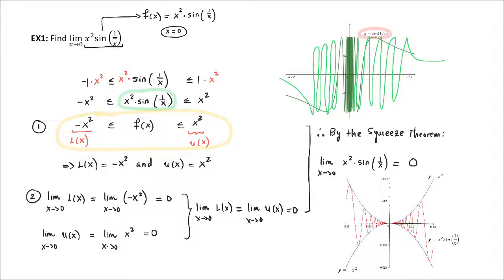The outer functions are the parabola that opens up, x squared, and the parabola that opens down, negative x squared. And if you notice, this is exactly what we obtained here as we were working on step number 1 of the squeeze theorem. So we notice that f of x in the middle is trapped by these two parabolas.